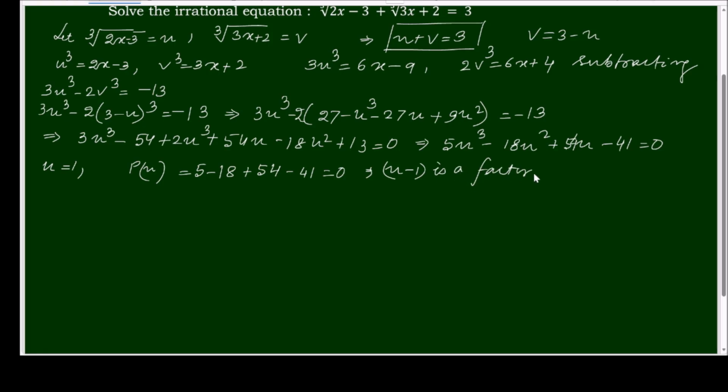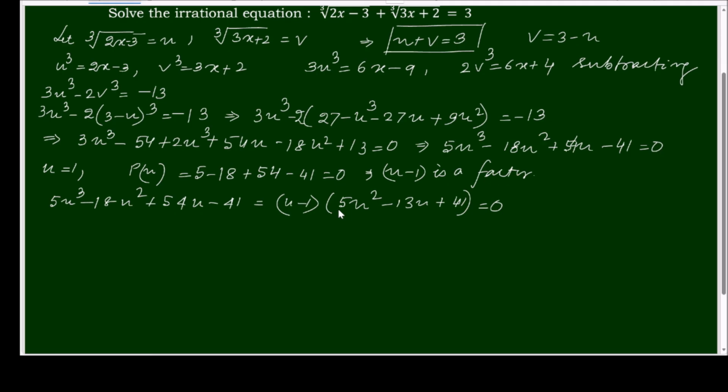What is the other factor? By dividing, actually you will get 5u cube minus 18u square plus 54u minus 41 equals (u minus 1) into (5u square minus 13u plus 41), which is 0.